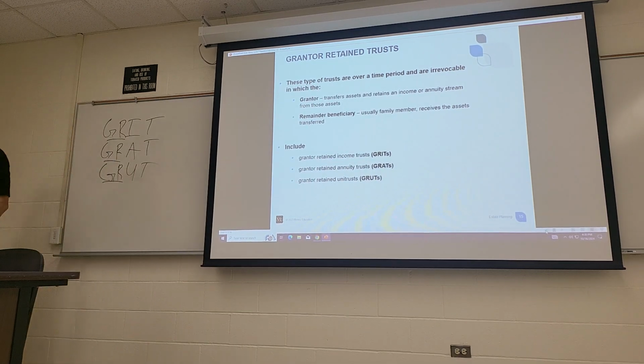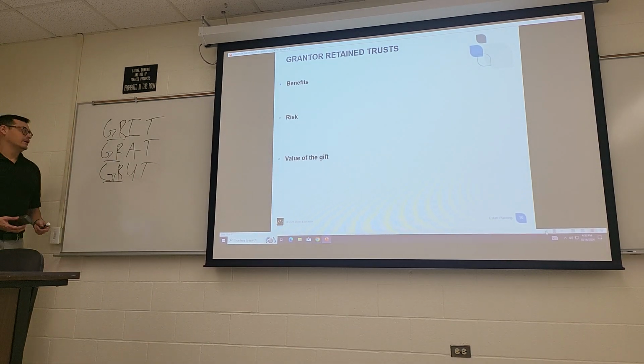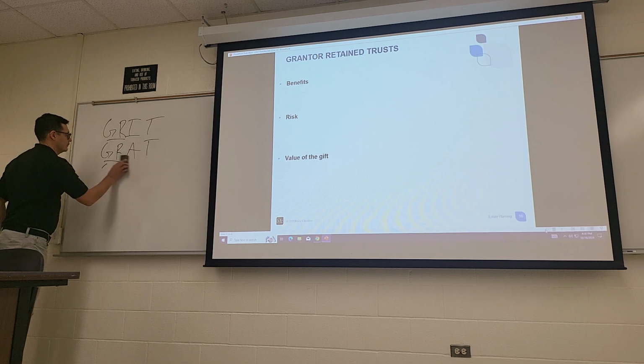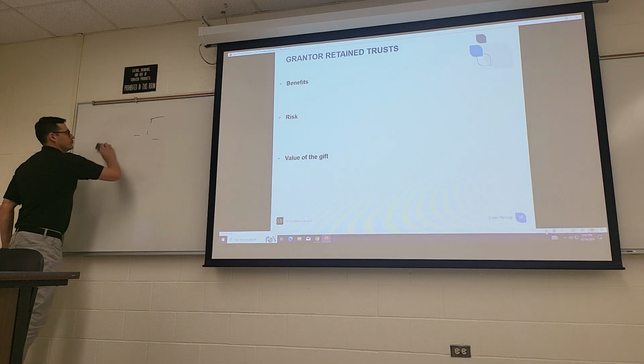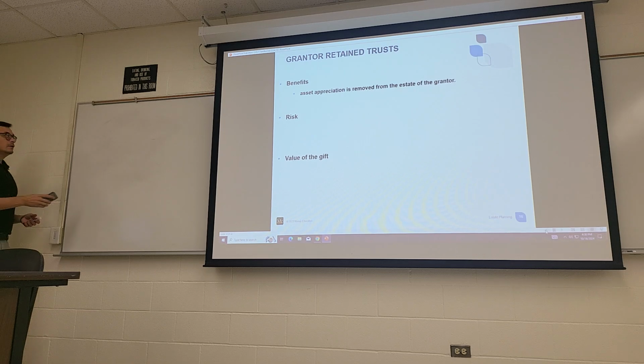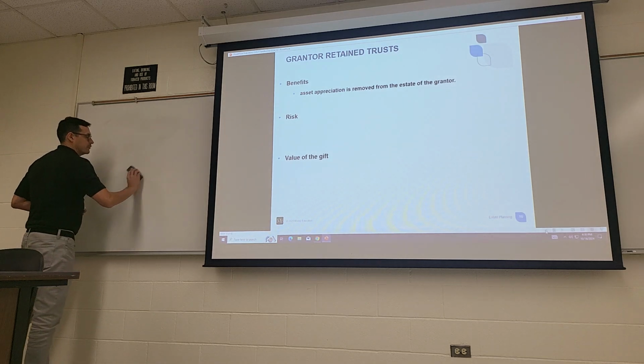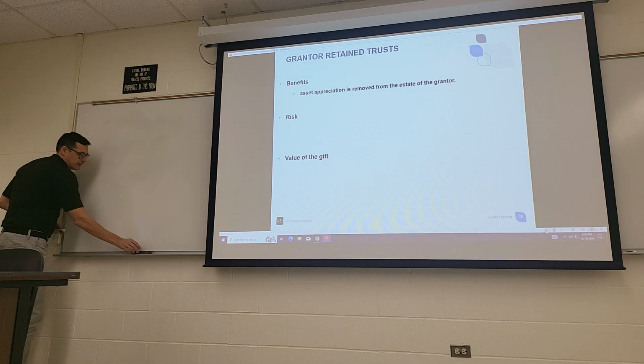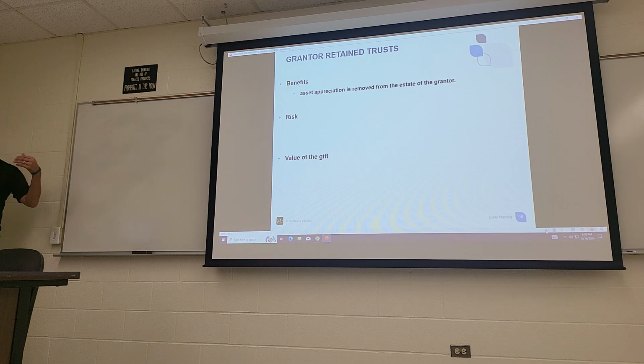So I'll try to break these down as simply as possible, the benefits and risks. We're looking at transferring appreciating assets, which comes out of the gross estate of the transferor, and that's what we want.